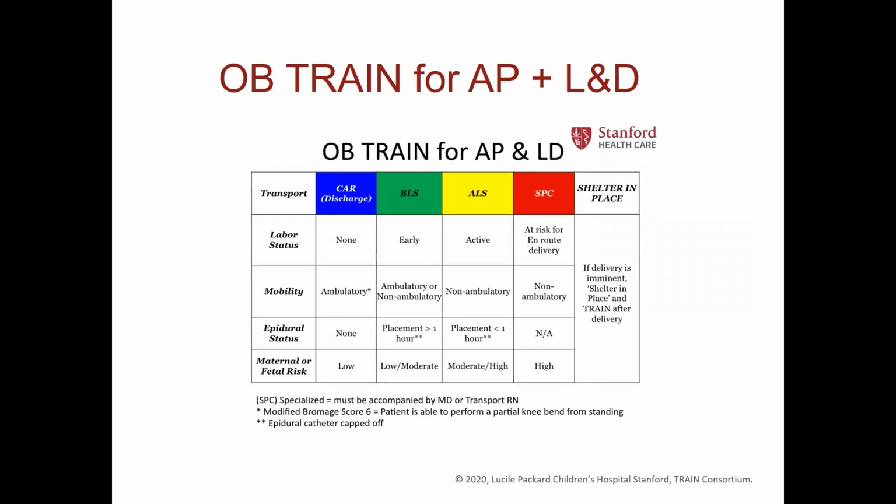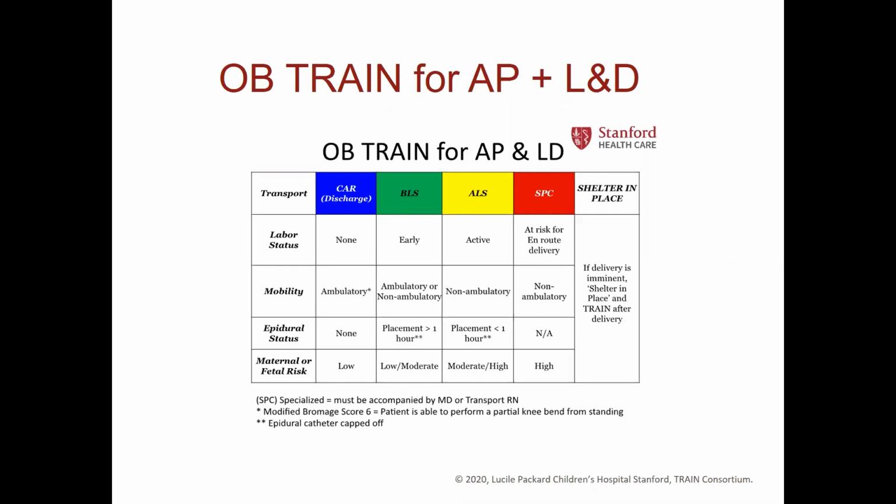Here's what it looks like physically. On the left, you see the labor status, and on the top, just like what Ron was talking about, the different colored codes for either you can discharge a patient home, or they're going to have to go to another hospital, or they need specialized care. And on the very end is a very big square for us, probably more than any place else in the hospital: shelter in place.